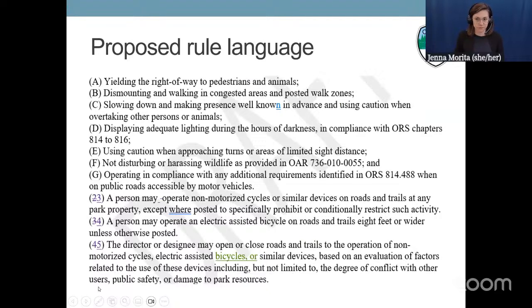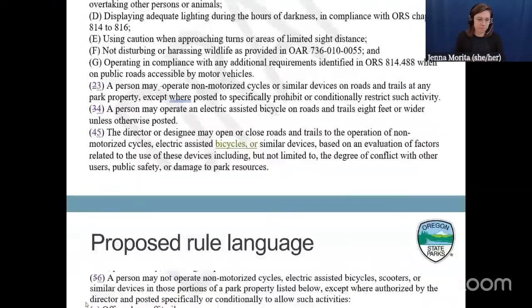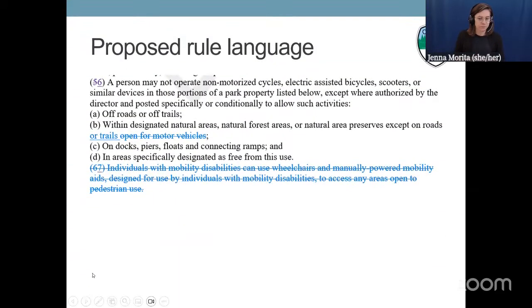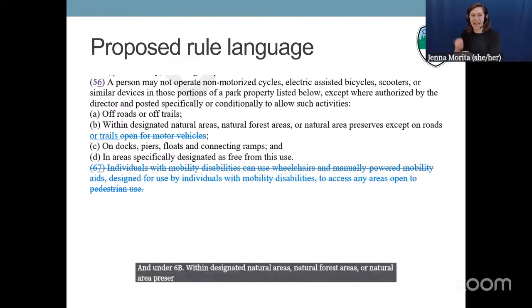This next section down below in number 5, we added the words electric assisted bicycles to that language. And under 6B, within designated natural areas, natural forest areas, or natural area preserves, except on roads or trails.